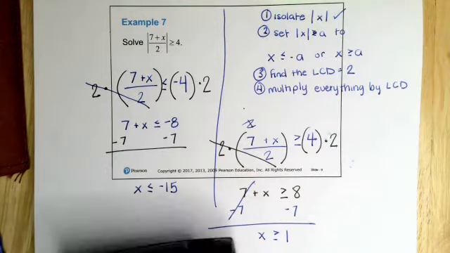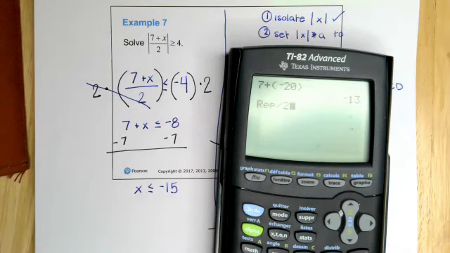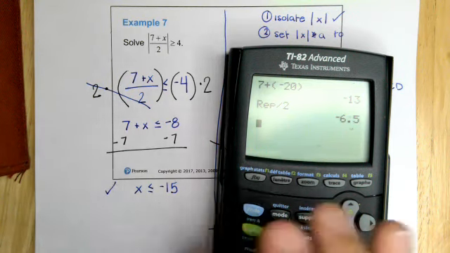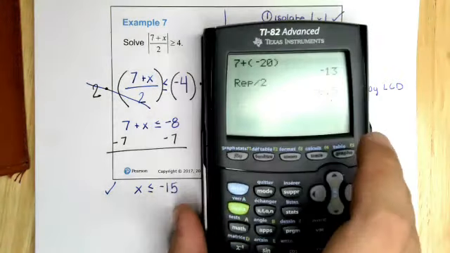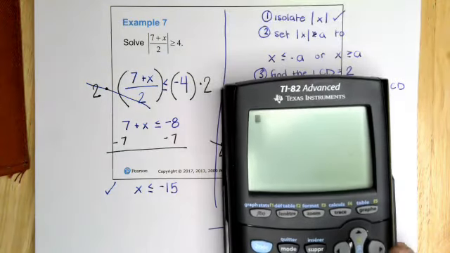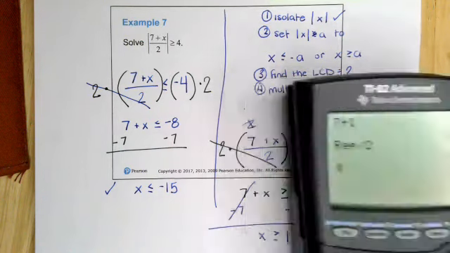Smaller than -15, let's go -20. 7 plus -20 divided by 2 is -6.5. The absolute value of -6.5 is bigger than 4. So that one's okay. Now we have positive 1. 7 plus 1 is 8, divided by 2 is 4. So 4 is greater than or equal to 4. Yes.